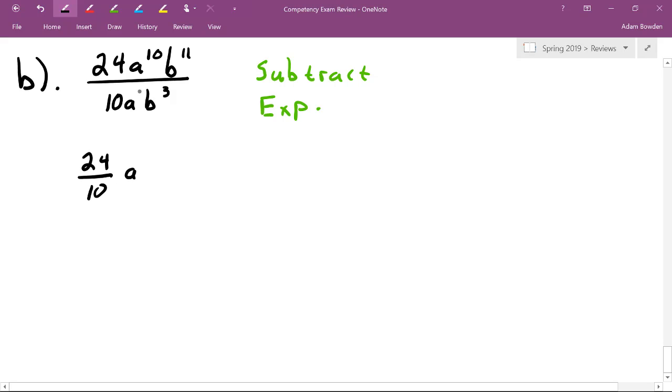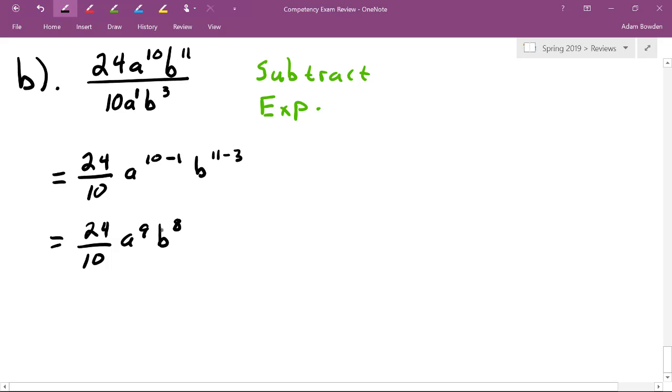Now realize that the a in the denominator has an understood exponent of 1. So that 1 is going to subtract from the 10 up above, 10 minus 1. For b, we're going to get 11 minus 3. So then that's going to be 24 divided by 10, a to the ninth, b to the eighth.